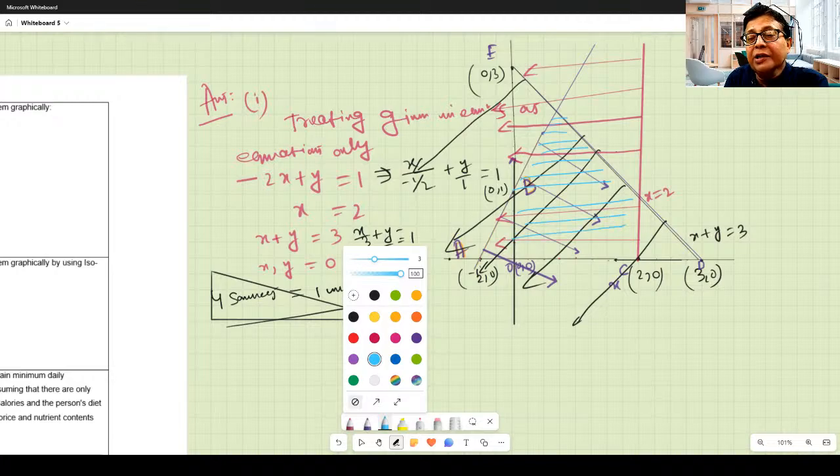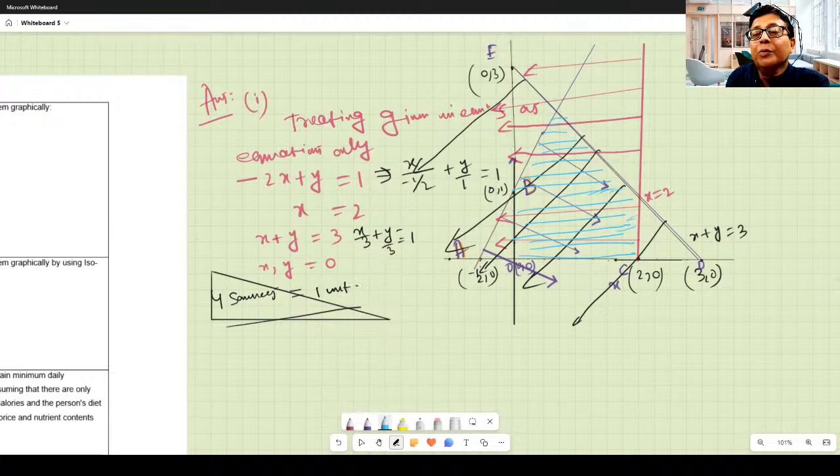What we have to do there, if I go by corner point method, we have to find the corners first. Corners means points of intersection. Intersection of this line with x-axis, this one with y-axis, these two lines can be found easily.